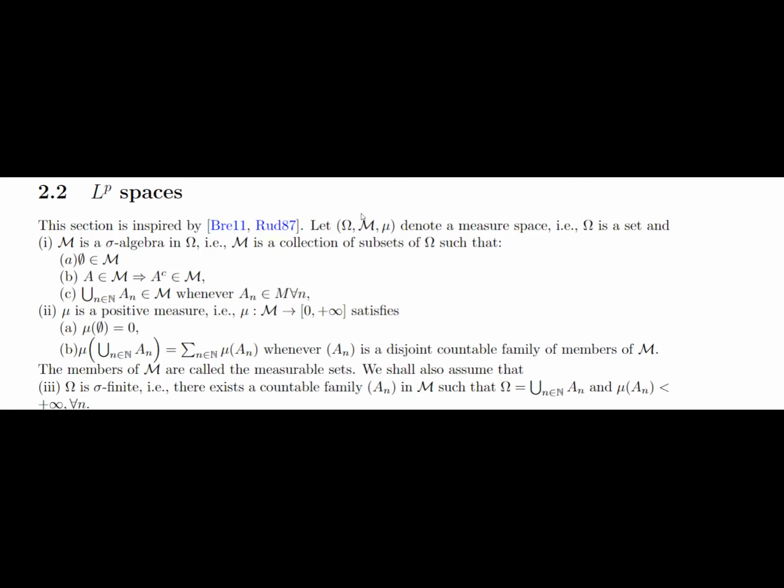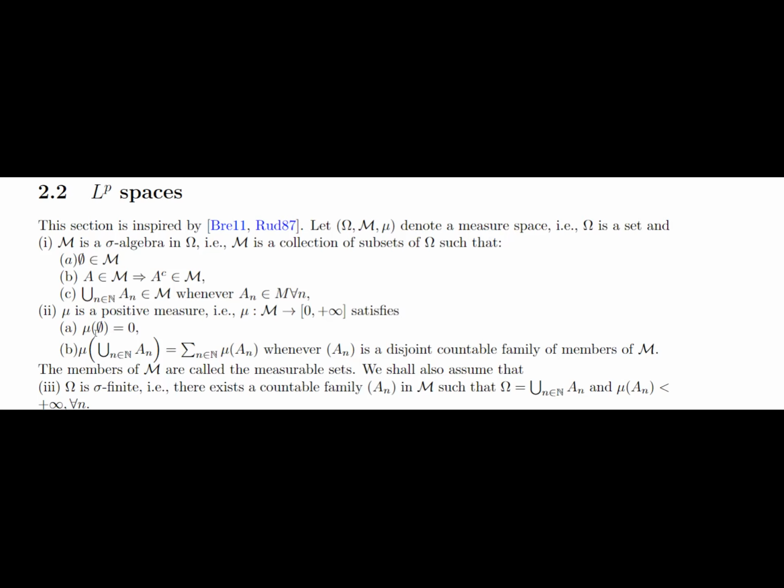Once you have your omega and your M, you define a positive measure, which is an application from your sigma algebra into the positive numbers plus infinity, because for example R endowed with the Lebesgue measure has infinite value. So you need to include plus infinity. The measure of the empty set is 0.